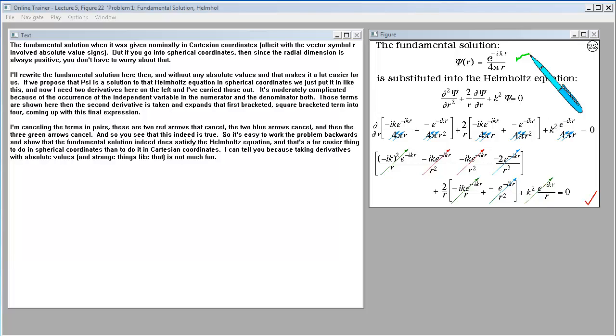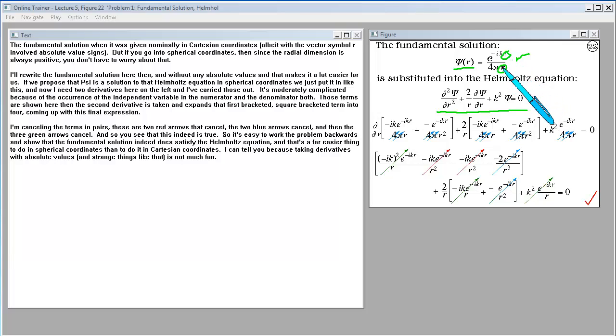That makes it a lot easier for us. If we propose that psi is a solution to that Helmholtz equation in spherical coordinates, we just put it in like this, and now I need 2 derivatives here on the left, and I've carried those out. It's moderately complicated because of the occurrence of the independent variable in the numerator and the denominator both.